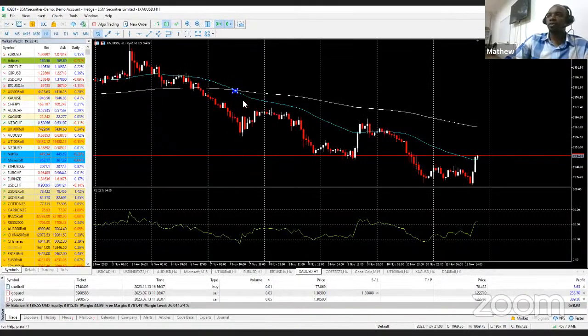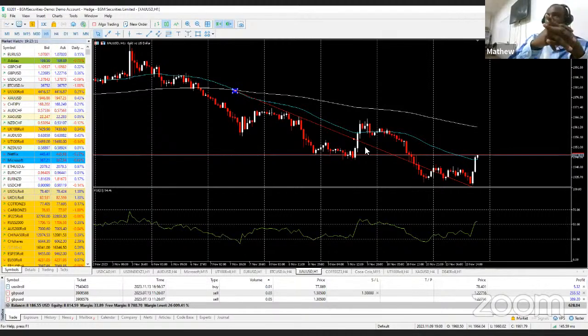So this push to the downside, this push to today's low is as a result of that particular crossover there. That will be an example of how you should probably be using the 50 and the 200 cross to identify areas.